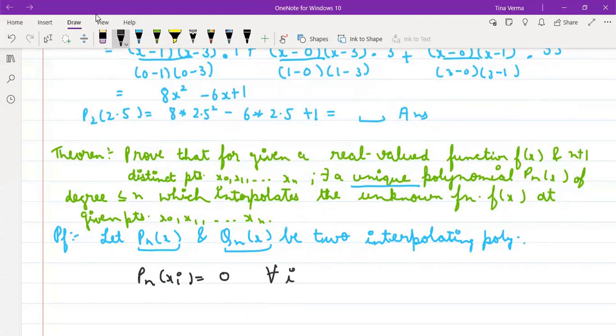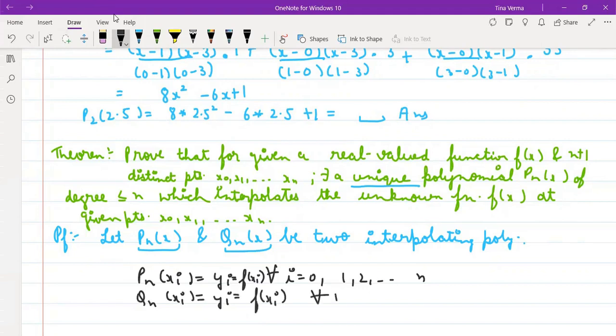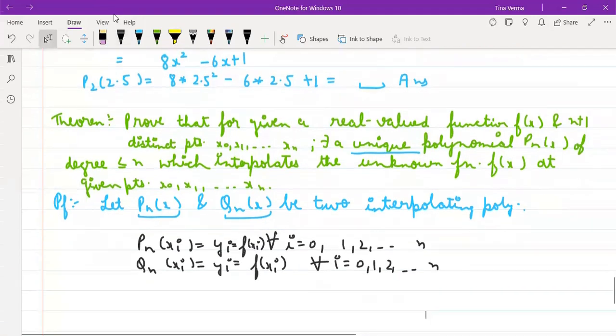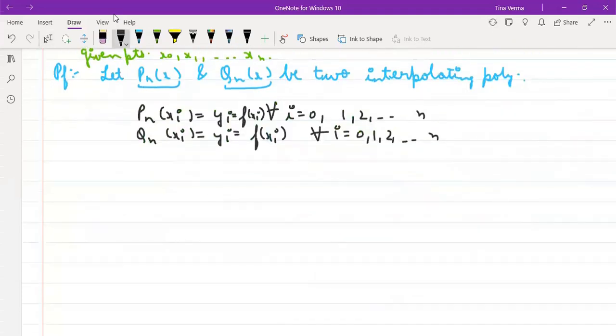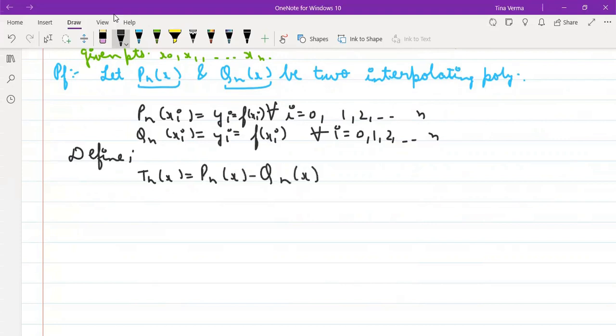That will be equal to your yi, function's value at xi, for i is equal to 0 to n, and Qn(xi) भी क्या होगा, yi, which is equal to function's value at xi for all i is equal to 0, 1, 2, n. Because we are taking two polynomials, then we are defining one polynomial Tn(x), which is the difference of these two polynomials.